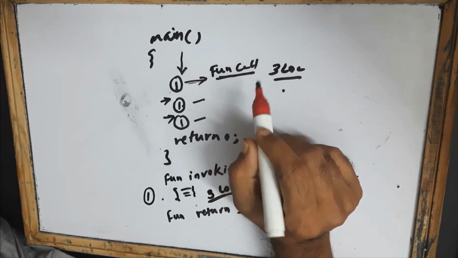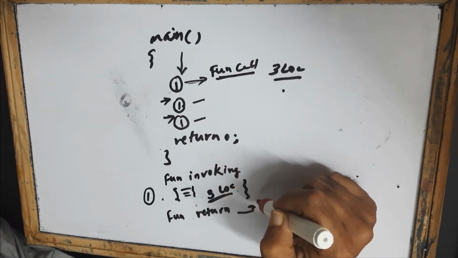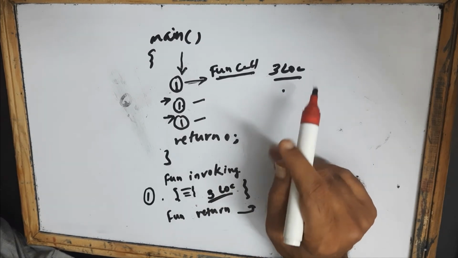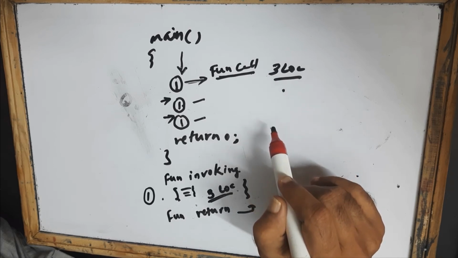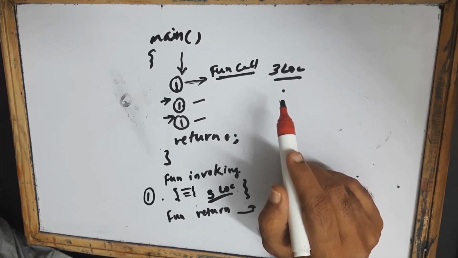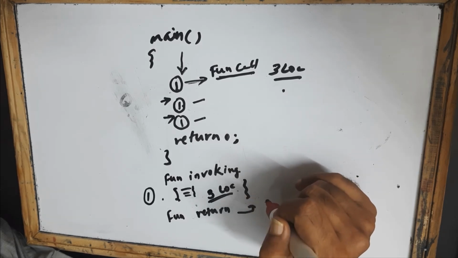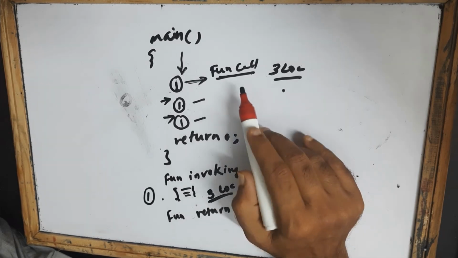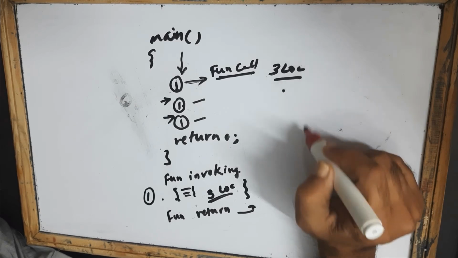So in this way, for a small function, the function call, invoking and return will be overhead. So simple functions can be implemented directly in the main instead of making them functions. That is where the disadvantage of function comes in. For small functions and small instructions, it is better to execute the instructions directly in the main.